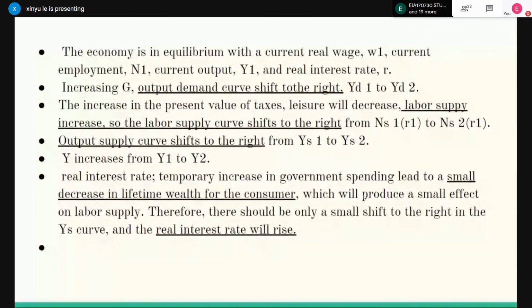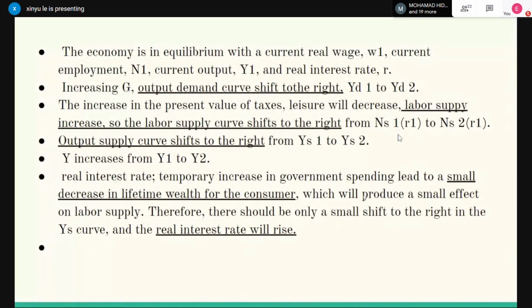The present value of taxes increases, so leisure will decrease and labor supply will increase. So the labor supply curve shifts to the right from NS1 to NS2, and the output supply curve shifts to the right from YS1 to YS2. So this will make Y increase from Y1 to Y2.